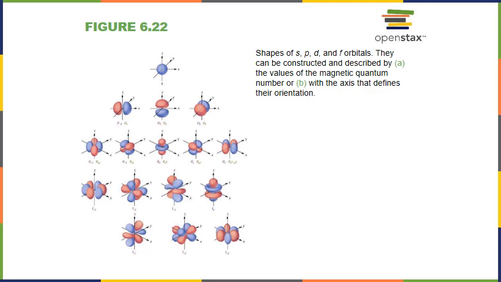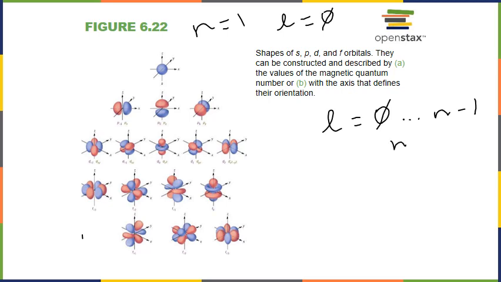So let's see if we can apply that on this figure right here. If we have n equals 1, we're going to have L equals 0. How do we know this? Because we know that L has values from 0 up to n minus 1. So if n is 1, the only value we can have for L is L equals 0, and this is an s orbital.